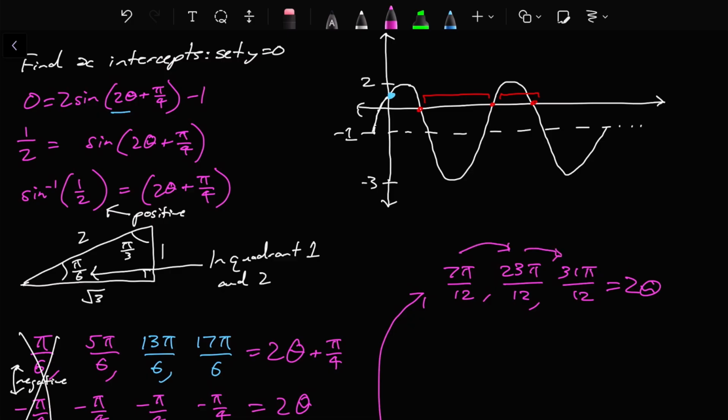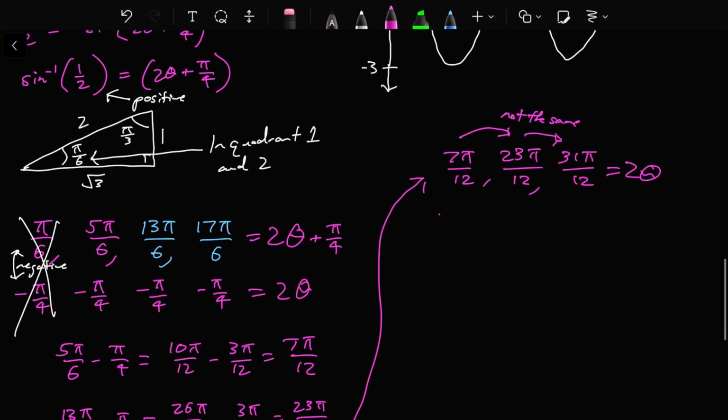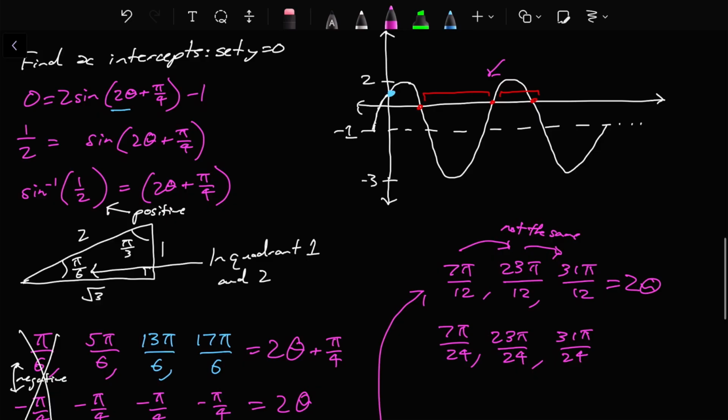Here to here, not the same. Which makes sense because our graph got shifted. See the red? This bit? Okay, now we just divide by 2. 7 pi on 24, 23 pi on 24, and 31 pi on 24. And that's all we get.